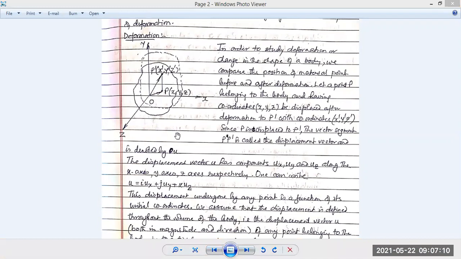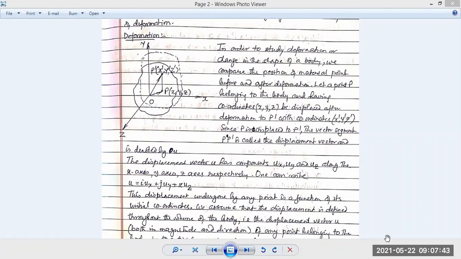Now what happens here, the displacement, whatever small it may be, has components along the x-axis, y-axis, and z-axis itself. These components are given as ux, uy, and uz. And as per the definition of the vector, we can write u is equal to i into ux plus j into uy plus k into uz.